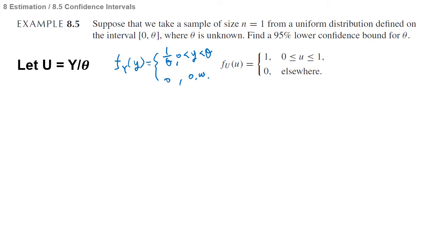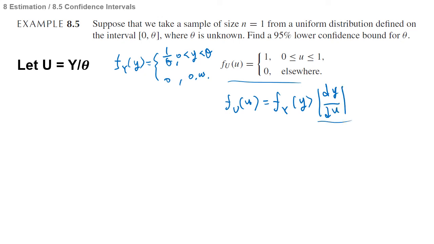To derive the density of u, which I skipped in the previous example 8.4, this is from the mathematical statistics 1 course, and it can be derived with this formula. To remind your memory, this is dy du, which is actually the Jacobian coefficient.